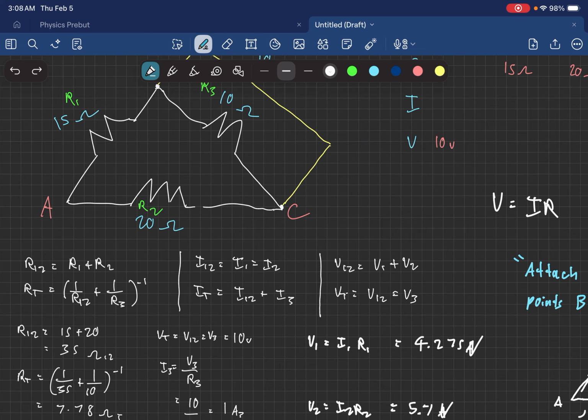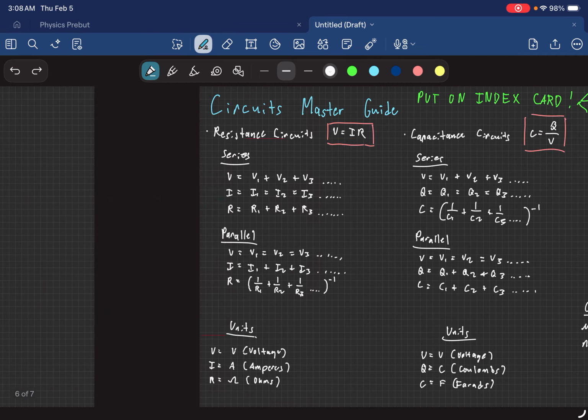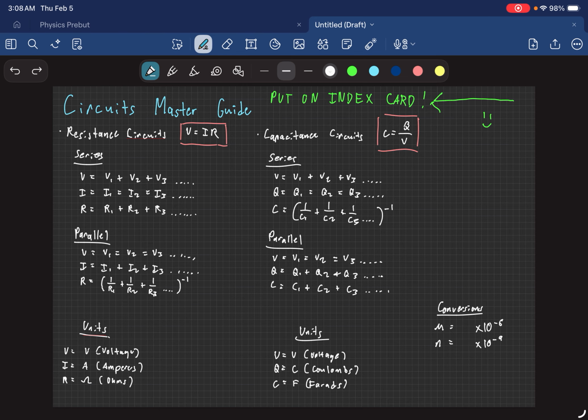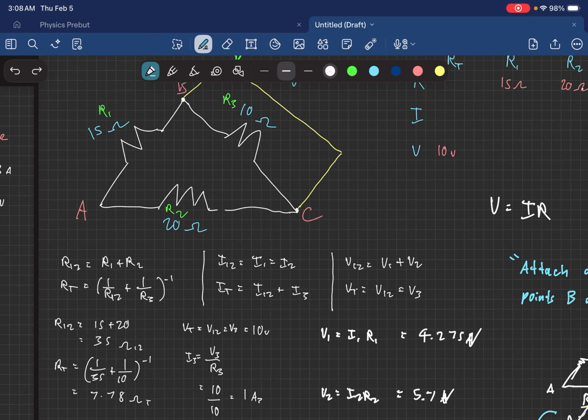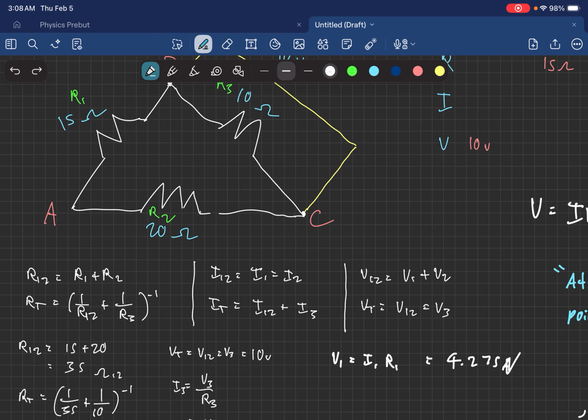This is our first equation, because in series the resistors are added. You can take a look here in the master guide. R12, the combination, is equal to R1 plus R2.